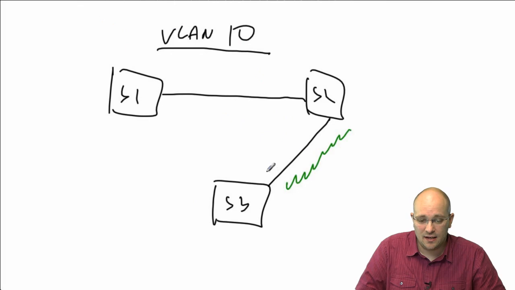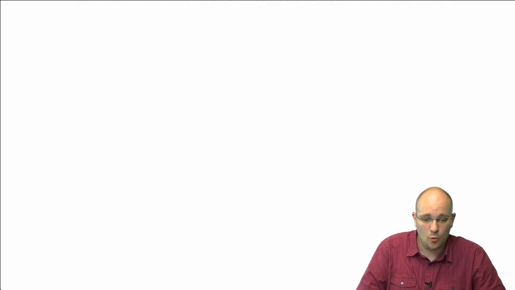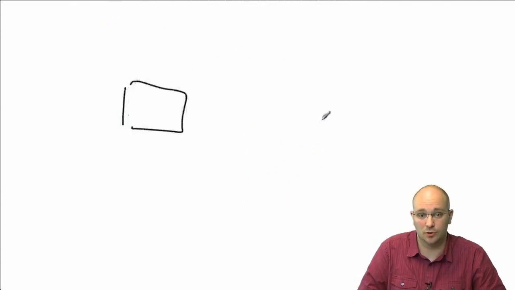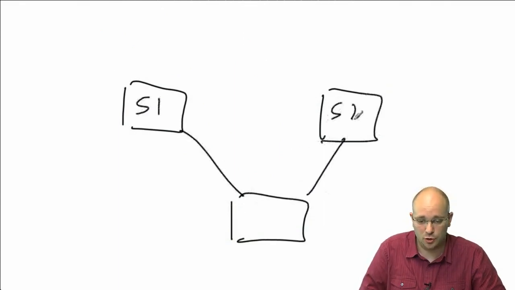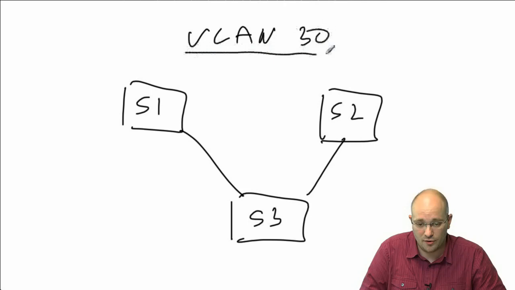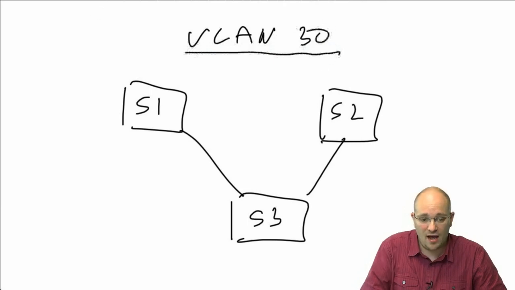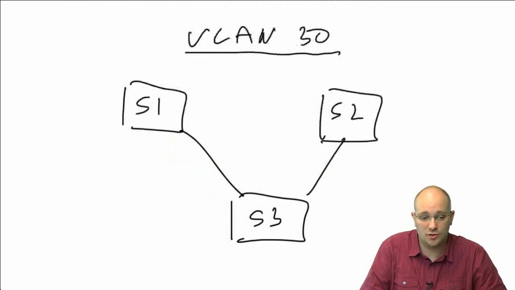In this setup here with 3 switches, with 3 physical links interconnecting them, we have 3 possible topologies. So I already drew 2 possible ones, and this is the 3rd possible topology. So if we had 3 VLANs, let's say that this was the topology for VLAN 30, we would have a very, very optimal use of our resources.